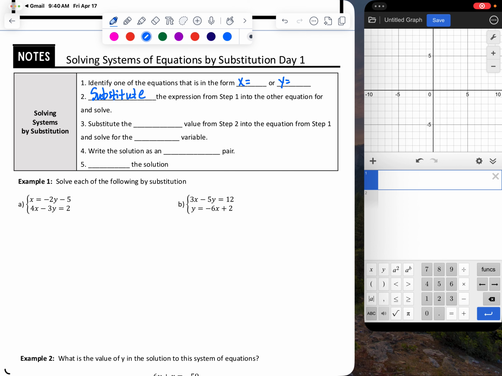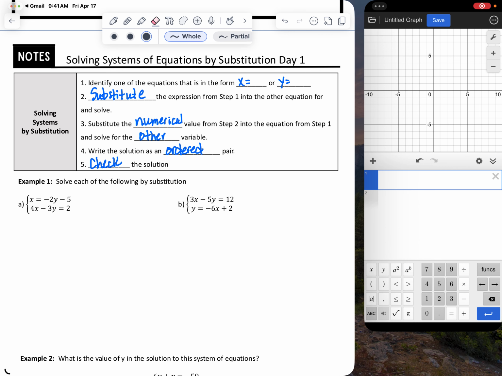Step three, substitute the numerical value that you obtained in step two into the equation from step one, or your original equation, and solve for the other variable. Step four, write your solution as an ordered pair. And step five, you'll check your solution.